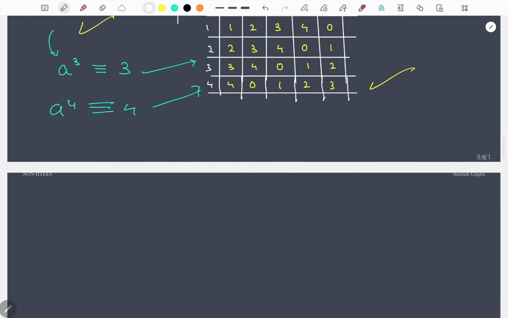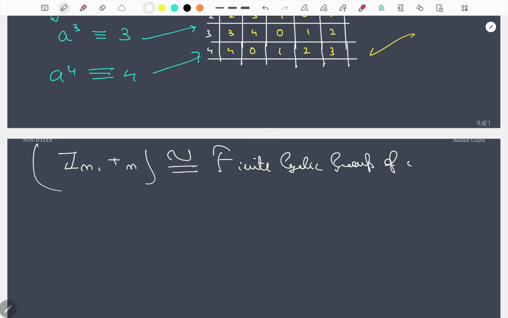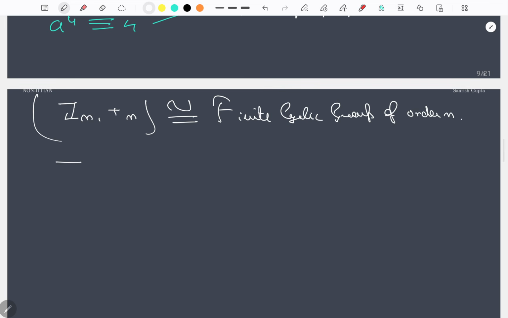Basically, what we'll see later is that Zn with respect to addition modulo n is isomorphic to a finite cyclic group of order n. And we'll also see that Z with respect to addition is isomorphic to an infinite cyclic group.